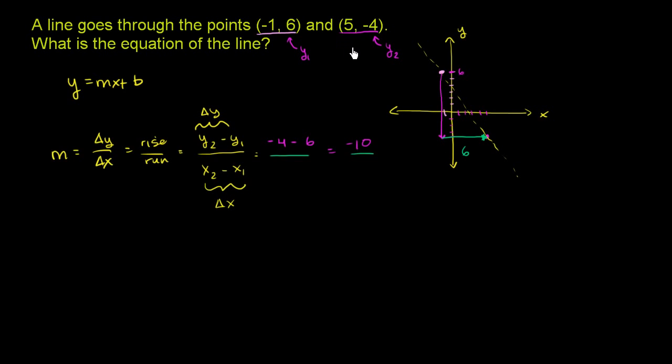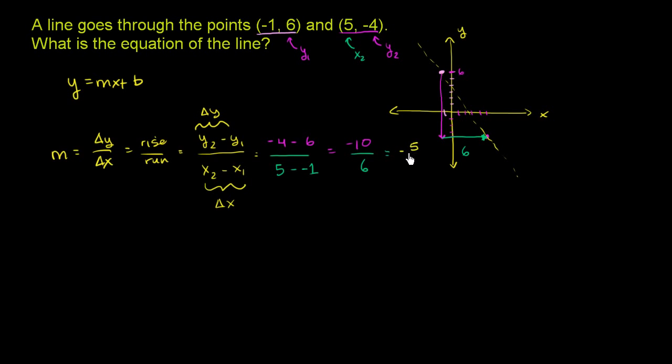Our ending x value is 5, and our starting x value is -1. 5 minus -1 is the same thing as 5 plus 1, so it is 6. So our slope here is -10 over 6, which is the exact same thing as -5/3.